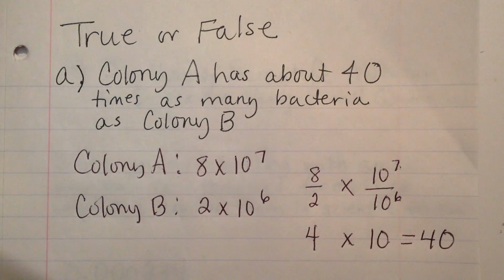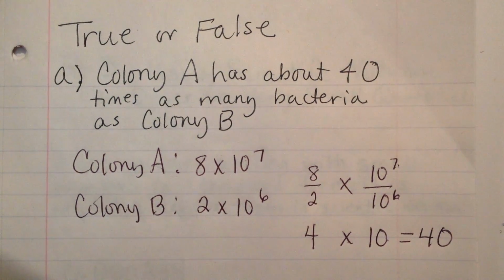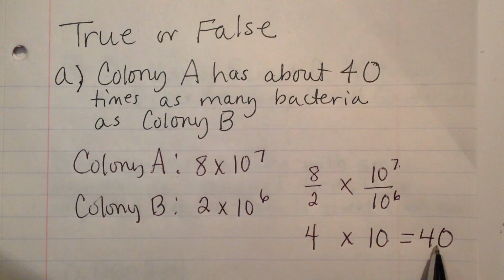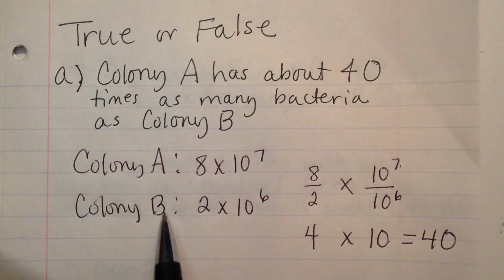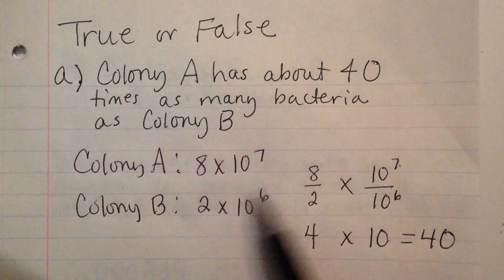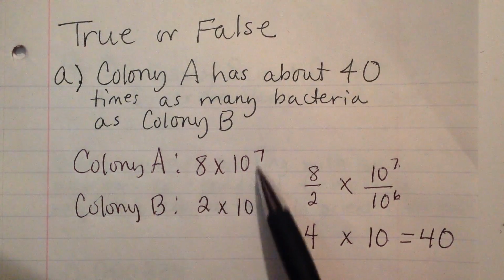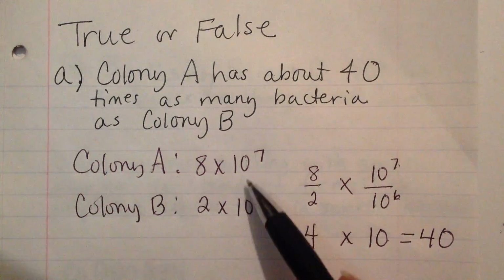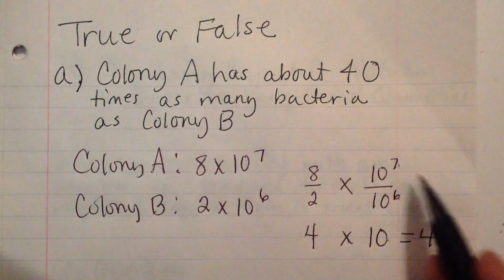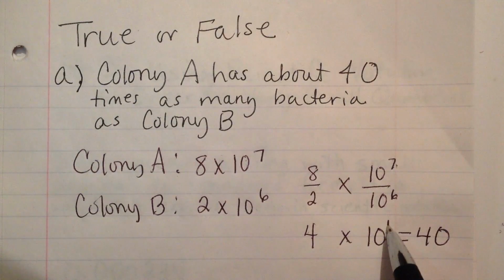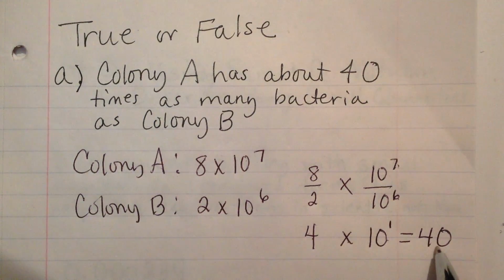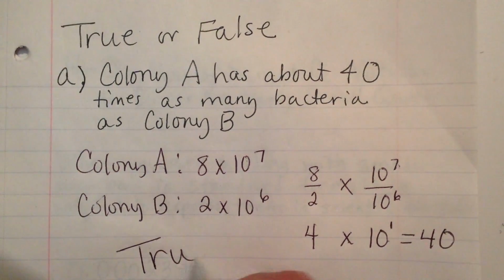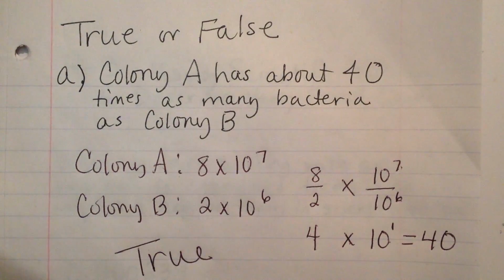So therefore, the statement is true because colony A has about 40 times as many bacteria as colony B. You see, I divided these two numbers and I divided these two numbers. And 8 divided by 2 was 4. 10 to the 7th divided by 10 to the 6th, subtract exponents is 1. And 4 times 10 gave me 40. So this first statement is true.